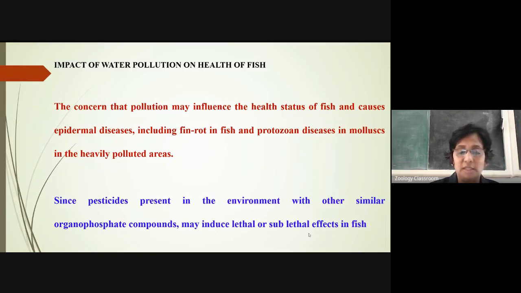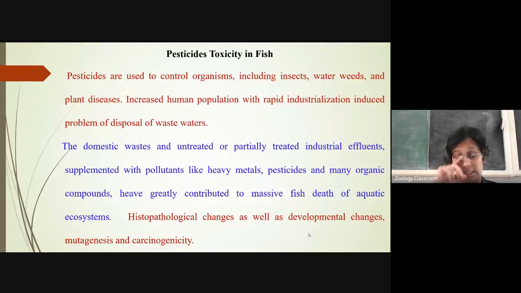Another one is pesticide toxicity in fish. In that, pesticides are substances used to control organisms, including insects as well as plant diseases. Then the increased human population with rapid industrialization induces the problem of disposal of wastewater.